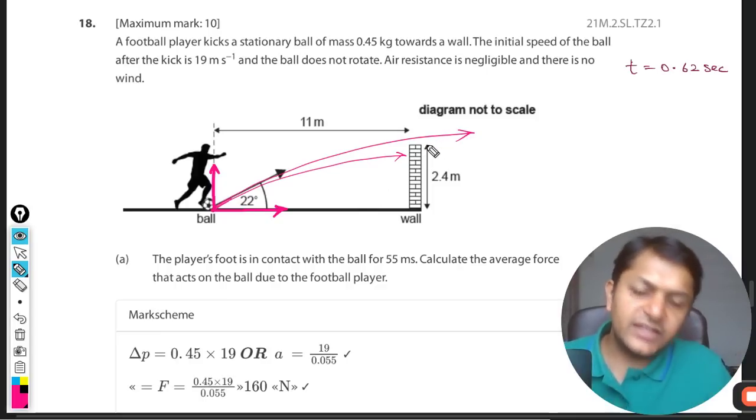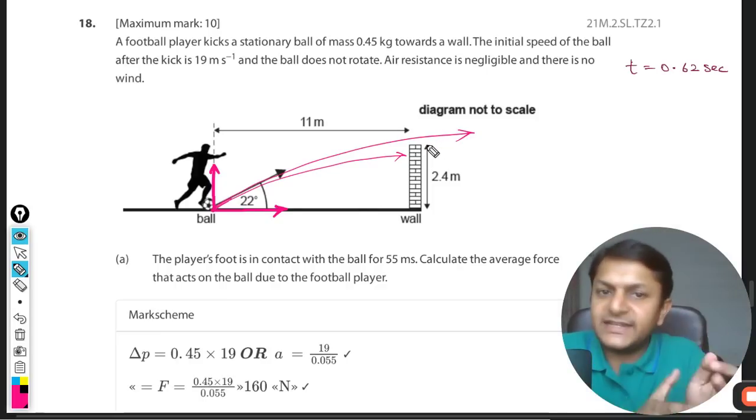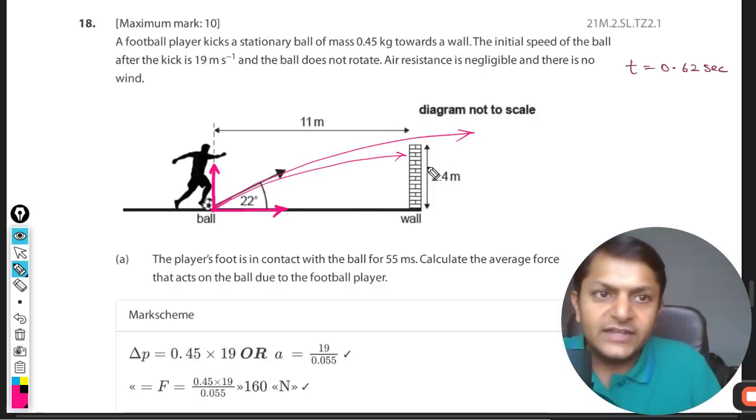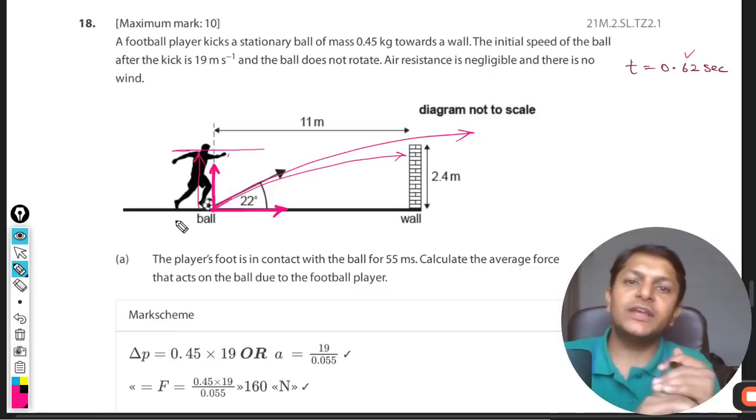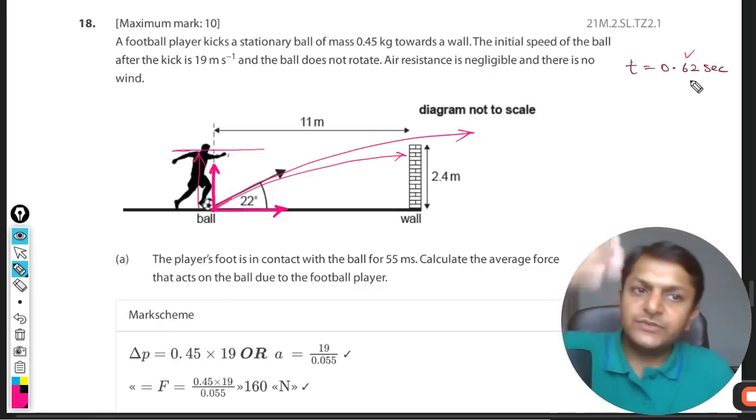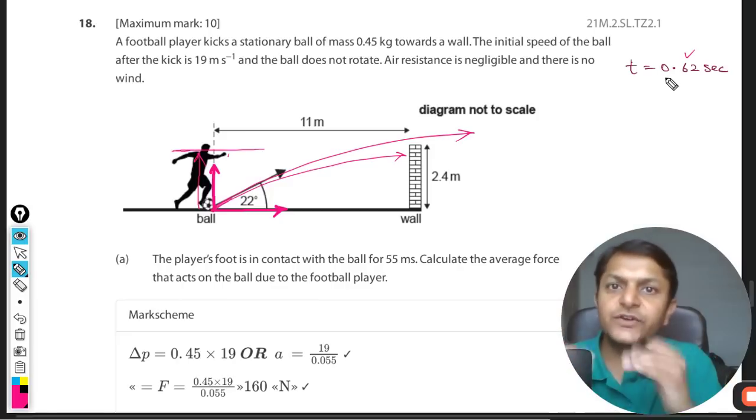So we have to see whether it is passing over the wall or hitting the wall. We can find that in this much time, what is the vertical displacement that the ball is covering in the time 0.62.